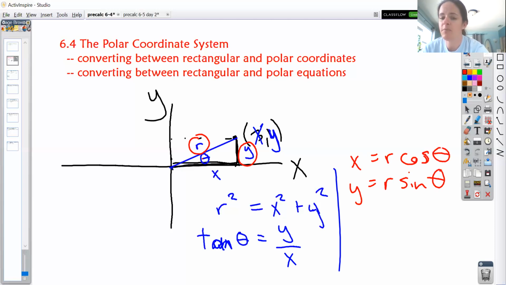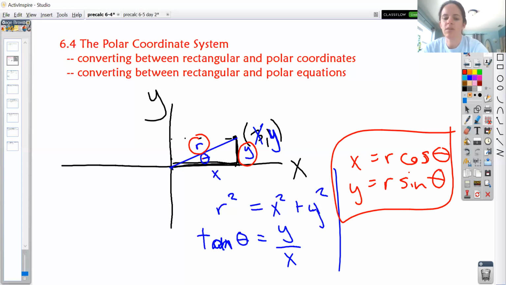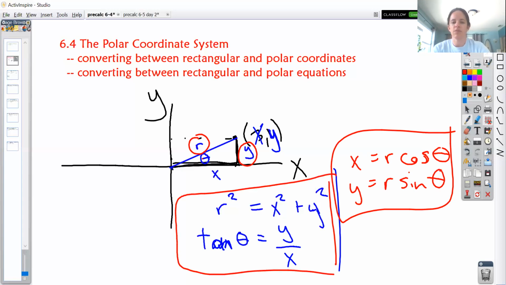Those should also be on your paper plate. So these four equations are going to convert you back and forth. Here, this is going to convert from polar, if you already had polar, to rectangular, and these would give you the rectangular to the polar. Okay, so let's go ahead and see what we have.